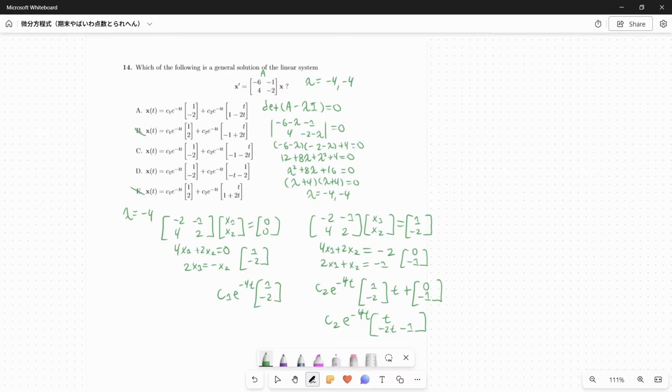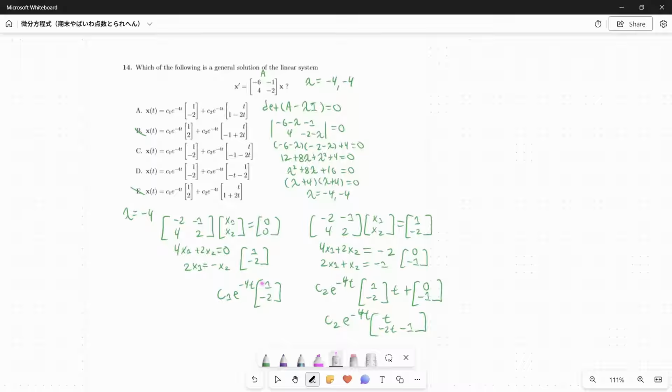You might be wondering why we have to do all this t stuff. The reason is that, to anyone who's more perceptive, this vector is already going to be linearly independent with that vector. So those two vectors are linearly independent.